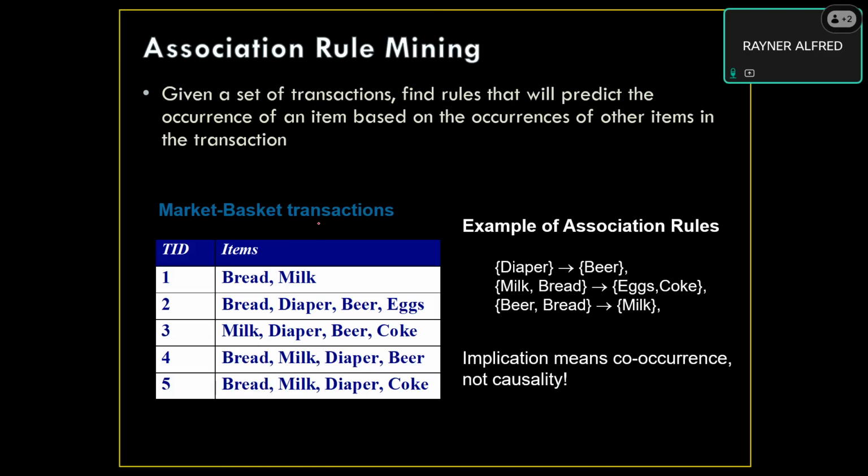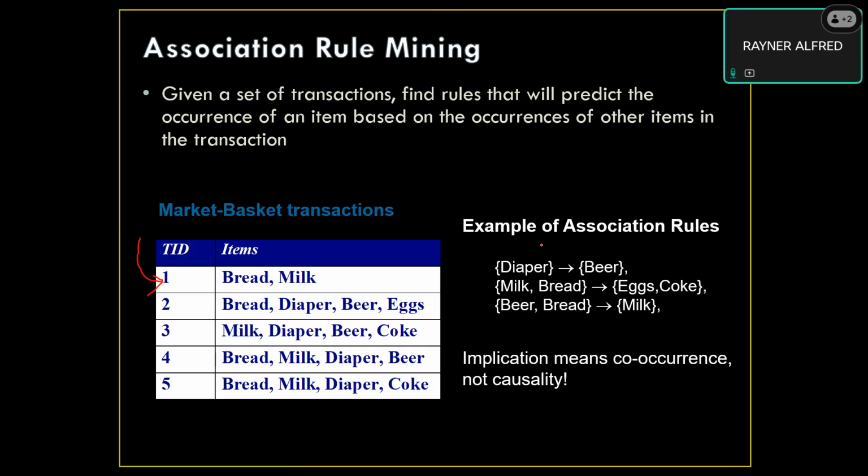So for instance, this is your transaction in a supermarket. We have many transactions here, so that's why they call it market basket analysis. Based on these transactions, we can derive rules to specify the association between item sets in our database.